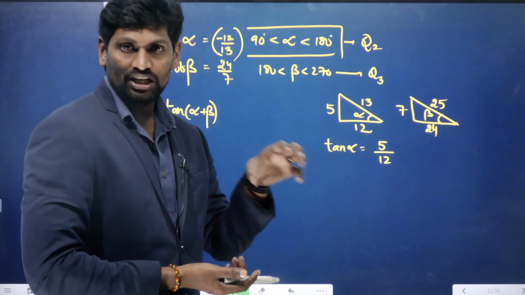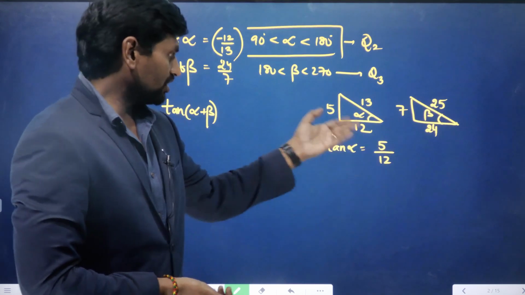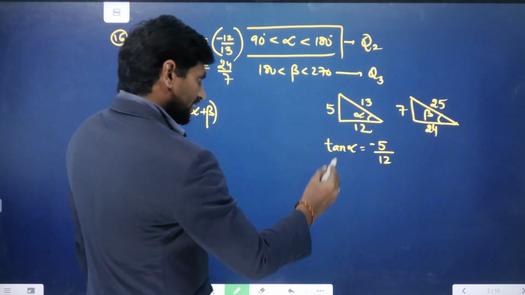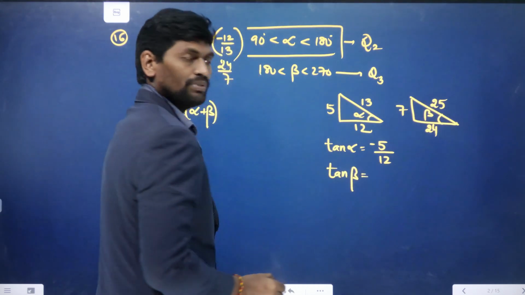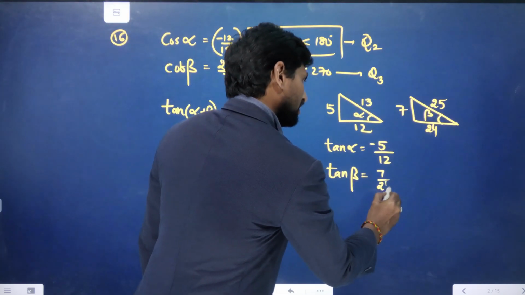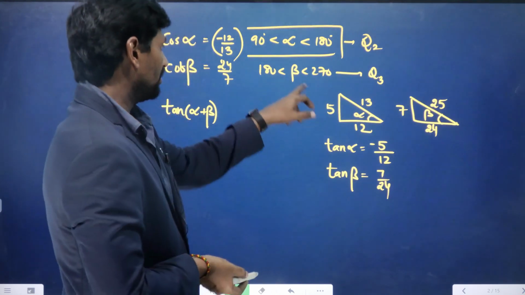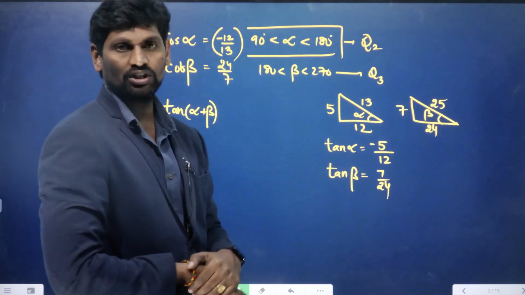All Silver Tea Cups: S means sine and cosecant are positive, the remaining are all negative. So tan becomes minus 5 by 12. Next, tan beta is opposite by adjacent, 7 by 24. Beta is in which quadrant? Third quadrant. In the third quadrant, tan and cot are both positive.